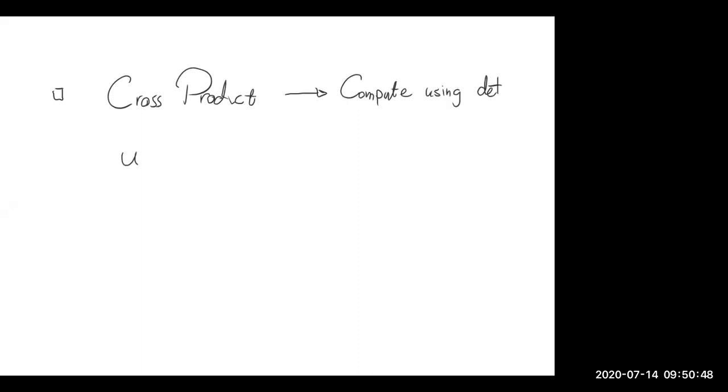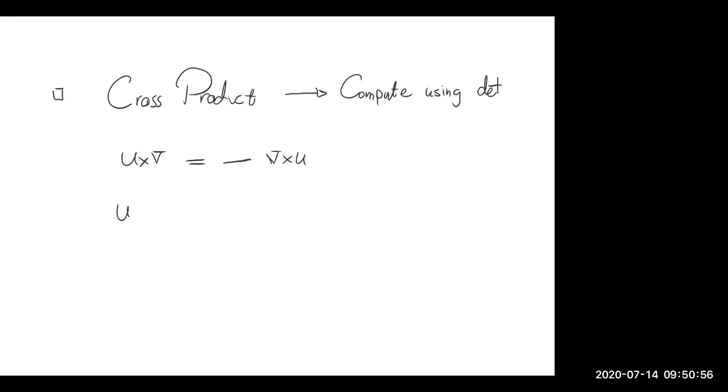So, okay, let's just see what we did up to this point. We have cross product. We have a way to compute it using determinants. We know cross product of U and V is not equal to cross product of V and U. Not necessarily, it's minus the other one.